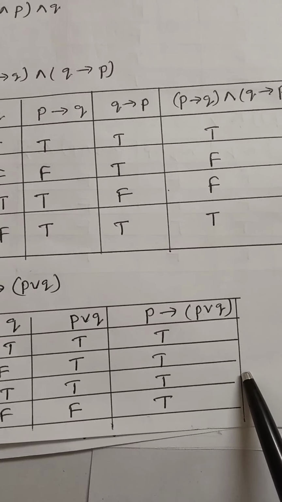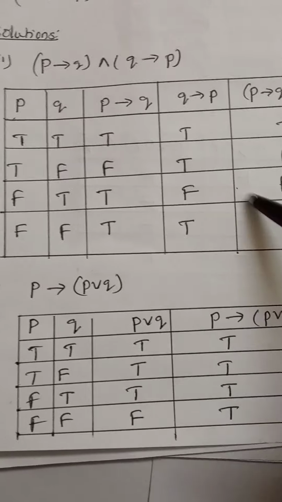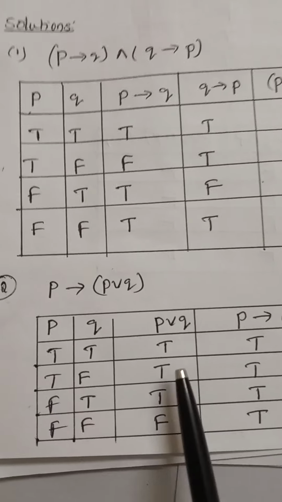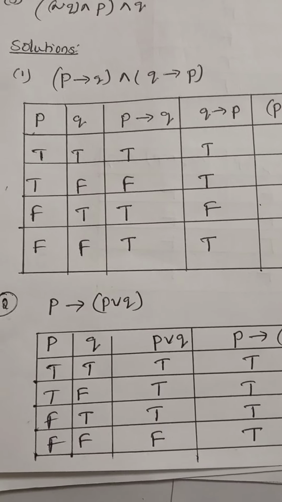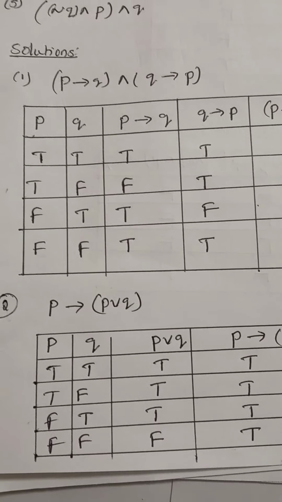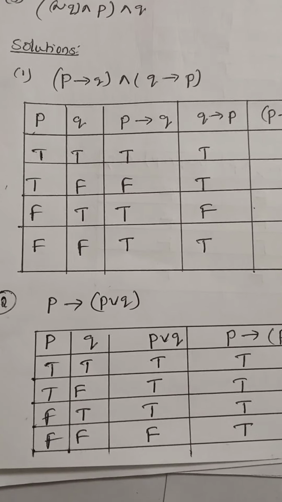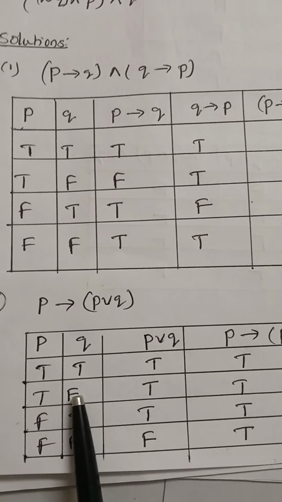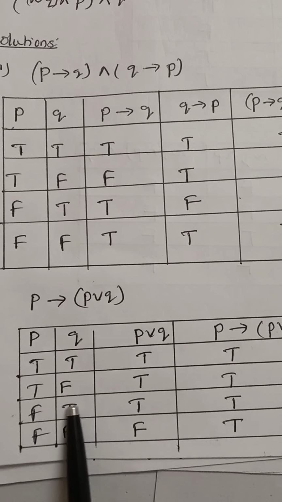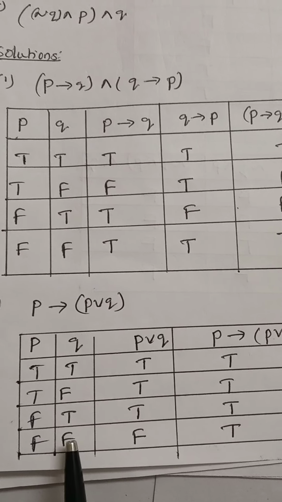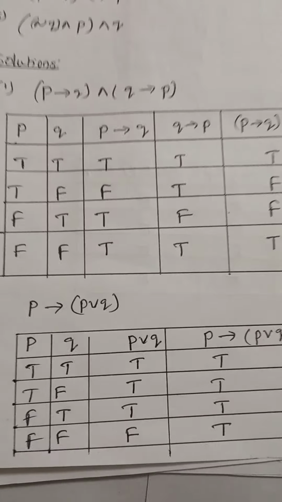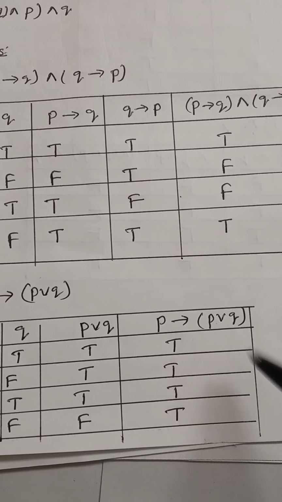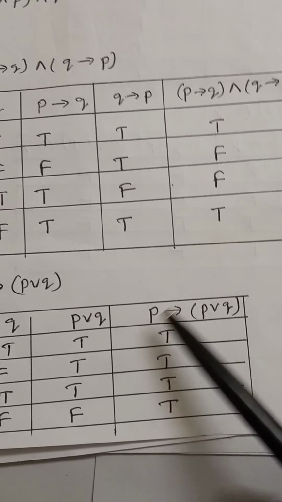Now, first of all, we concentrate on P ∨ Q. P ∨ Q means if one of the propositions is true, then the result is true. Here, true or true is true. True or false is true. False or true is true. False or false is false.